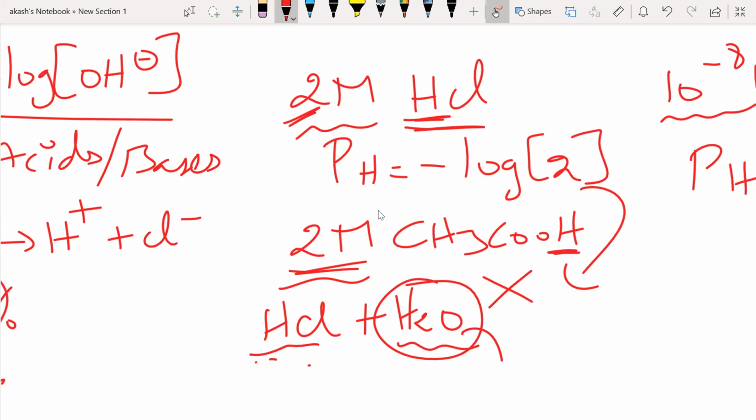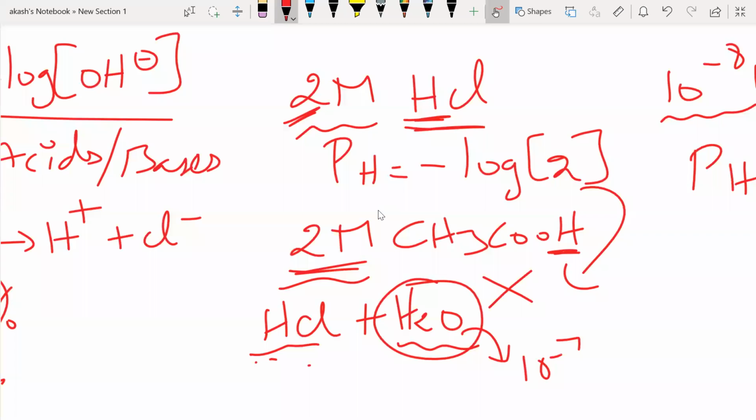Can you tell me what is the concentration of H+ I will get from water? Just now we saw. What is it? 10 power minus 7. Absolutely. It will be 10 to the power minus 7.